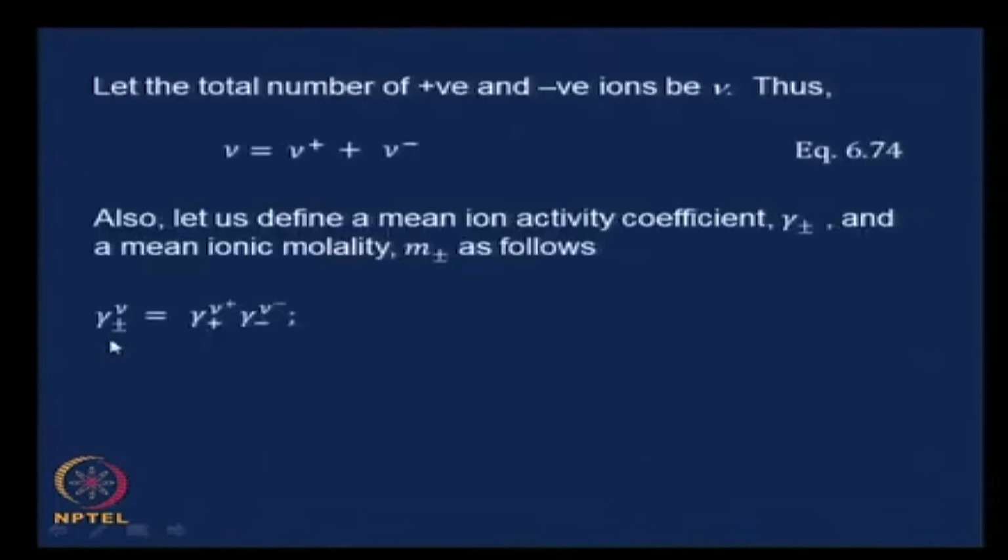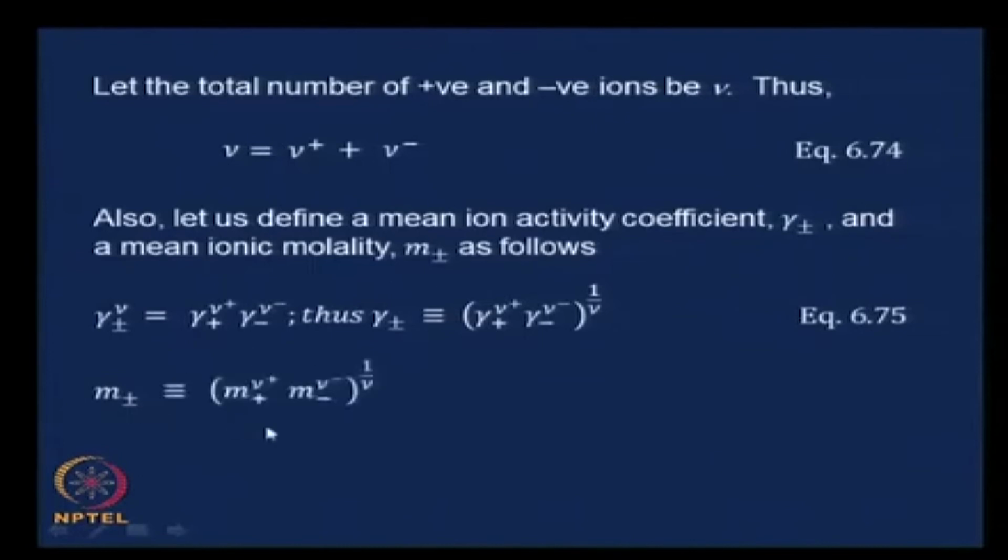So gamma plus minus to the power of nu equals gamma plus to the nu plus times gamma minus to the nu minus, and therefore gamma plus minus is defined as gamma plus nu plus gamma minus nu minus to the whole raised to the power of 1 by nu. Let us call that 675, and on the same lines m plus minus is m plus raised to the power of nu plus, m minus raised to the power of nu minus, and the whole raised to the power of 1 by nu, call this 676.